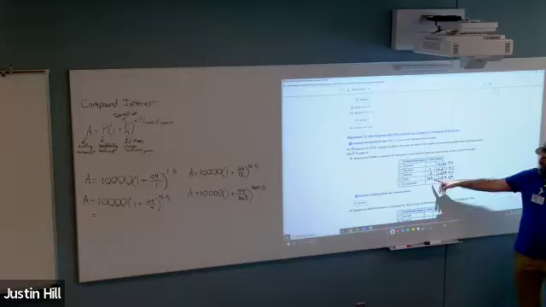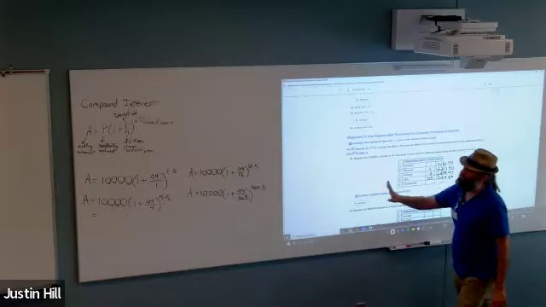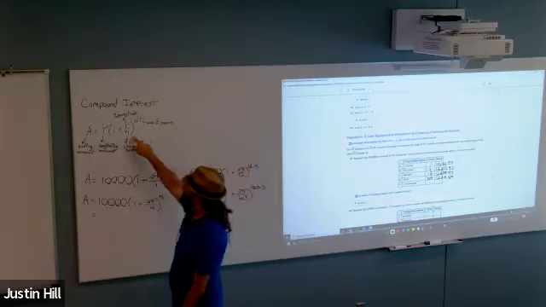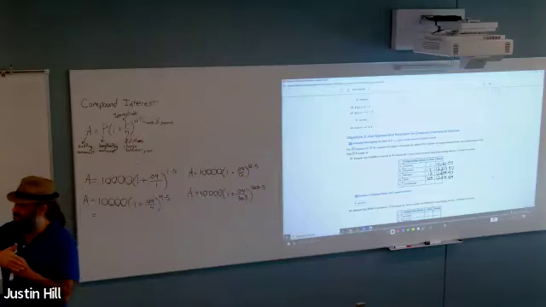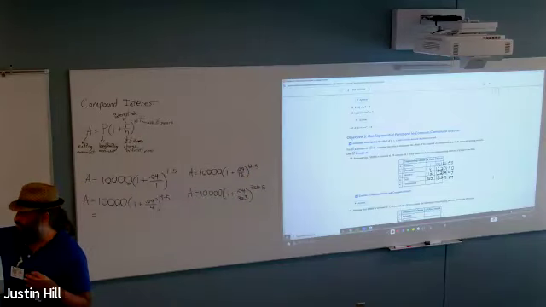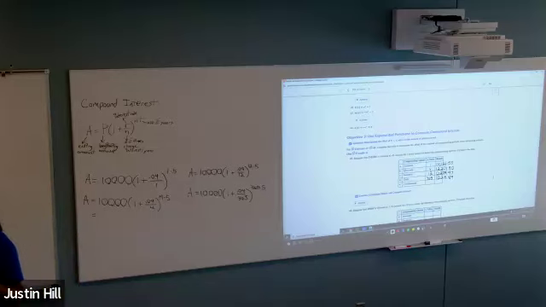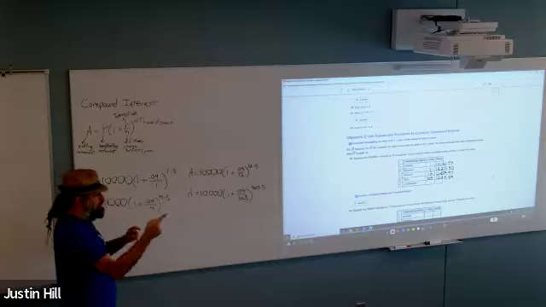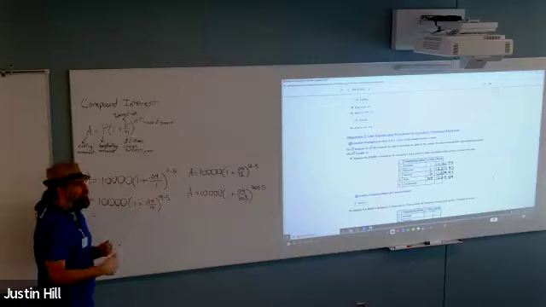So the n is not 365. It's however many moments of existence we have in 5 years. It's technically infinite. You're chopping it up into finer and finer minutes, seconds, whatever.